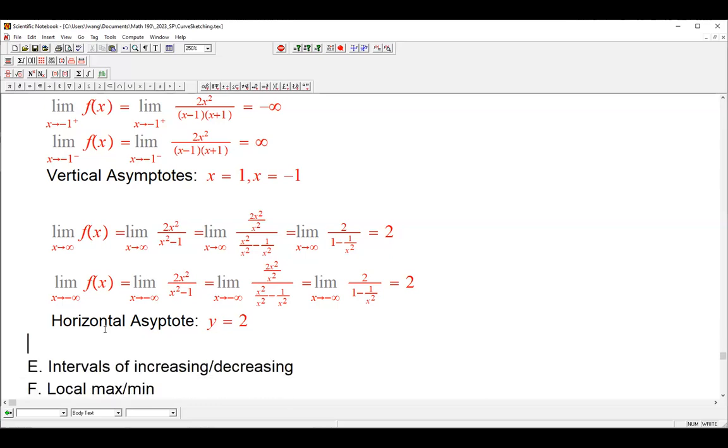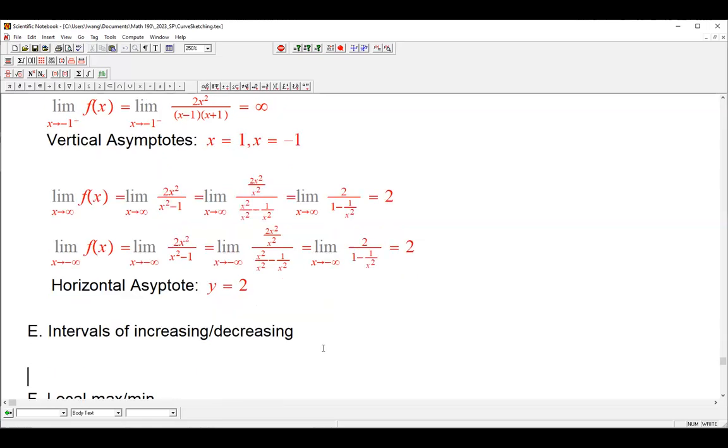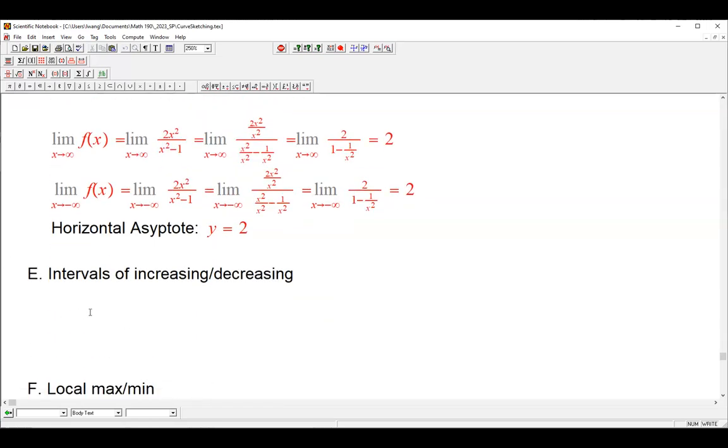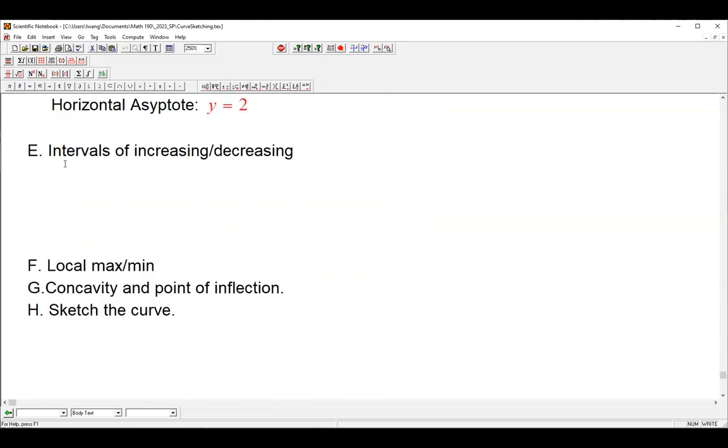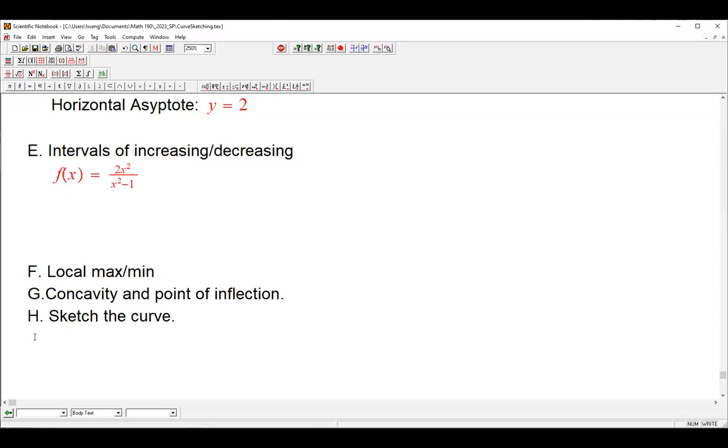So next is the part we've done recently: using the first derivative tool to find the intervals of increasing and decreasing. In order to identify the intervals of increasing and decreasing, we have this function and we know all about E and F. We can think of them together. So we're going to take a derivative.